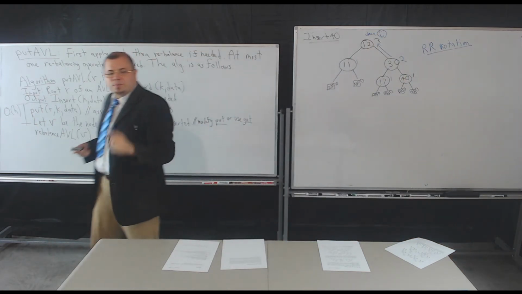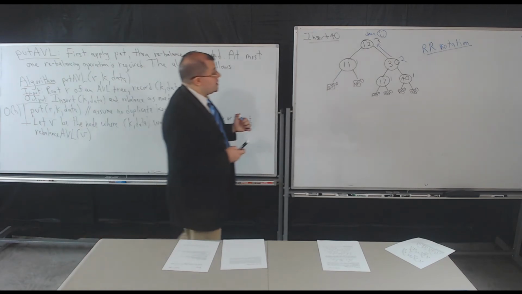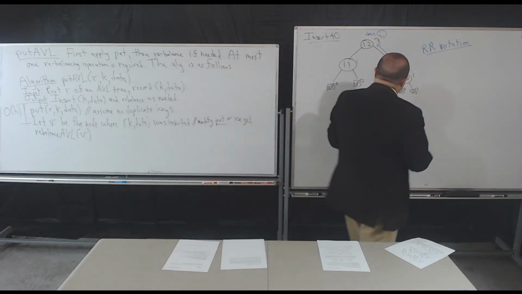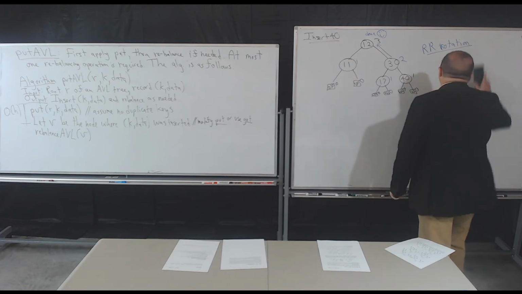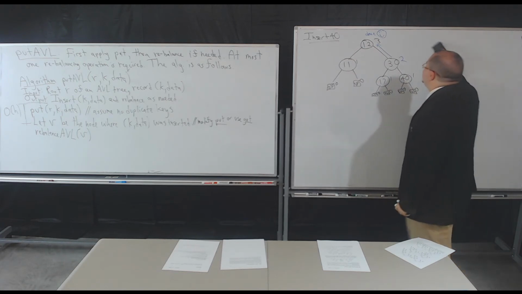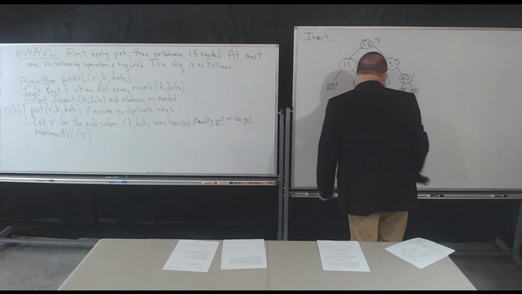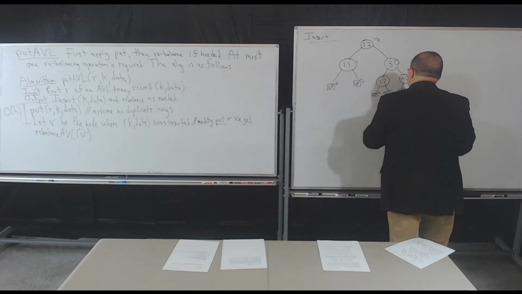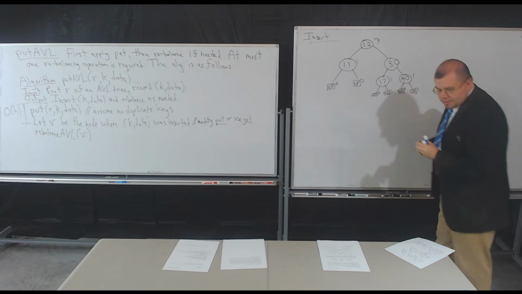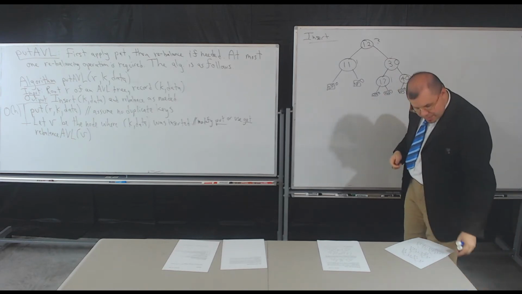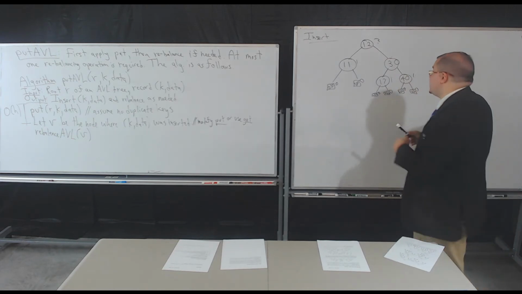So that's how you perform an insertion into an AVL tree. Now I'm going to perform another insertion just to illustrate this again. I'm going to insert into this tree. Let's insert 19 into the tree.